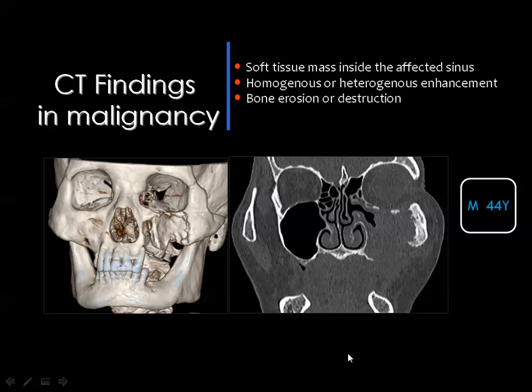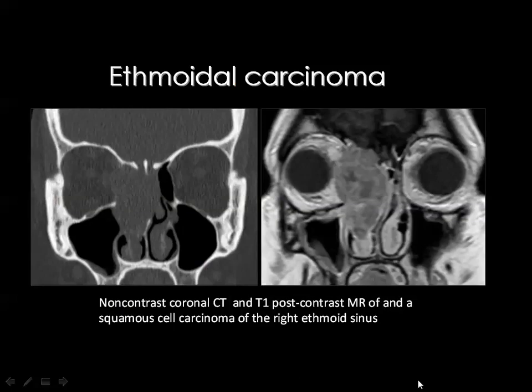The most important imaging finding of malignancies in the paranasal sinuses is bone destruction, not expansion, but bone destruction. And you see a soft tissue mass centered in the maxillary antrum with destruction of the orbital floor, the inferior wall of the maxillary sinus, the hard palate, and part of the zygoma. And this is nicely presented in this 3D reformatted image.